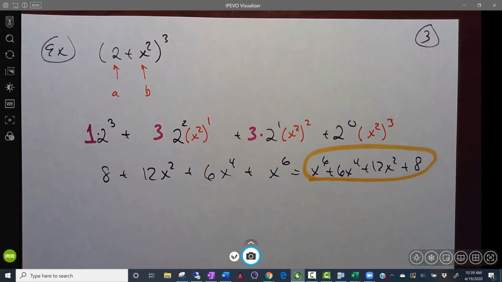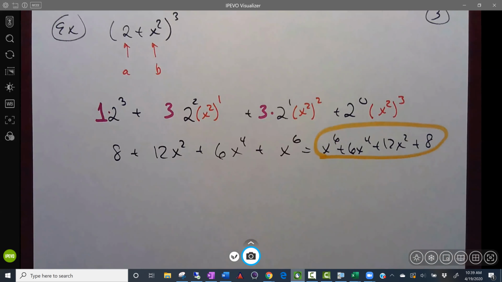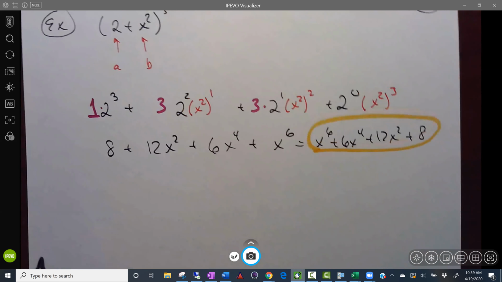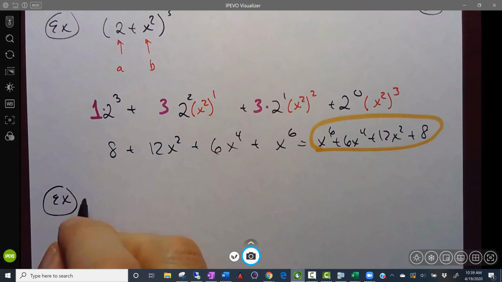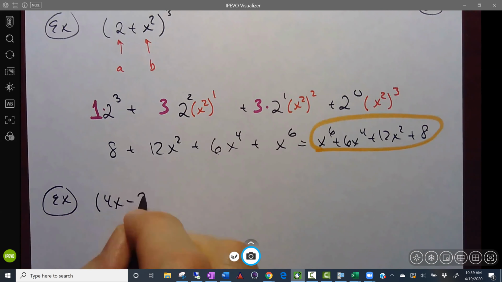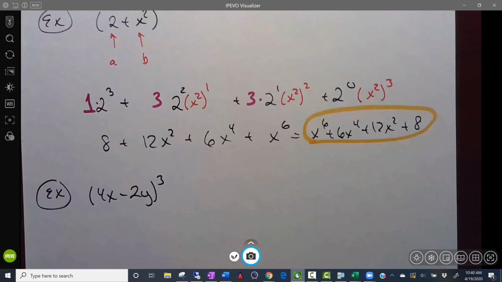Okay, let's keep going. A couple more here. Let's try another one. Again, trying to make these things a little bit harder and a little bit more like what the homework's going to look like. Let's try 4x minus 2y cubed.